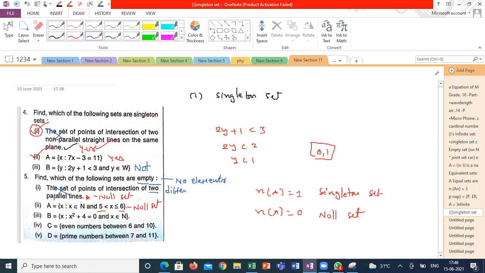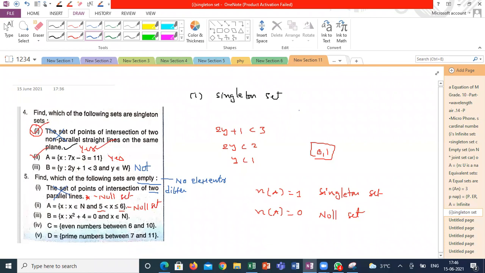If I consider coincident lines as parallel lines, then my answers can't be explained here. The question itself is wrong, I can say, or the concept of coincident lines you should not bring here. Got it? Yes, sir.